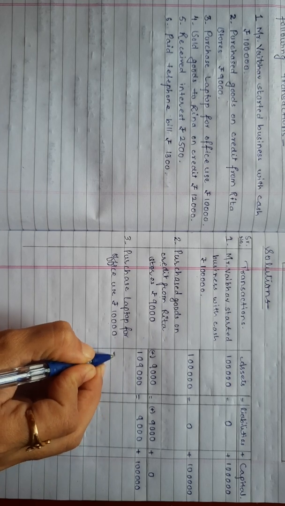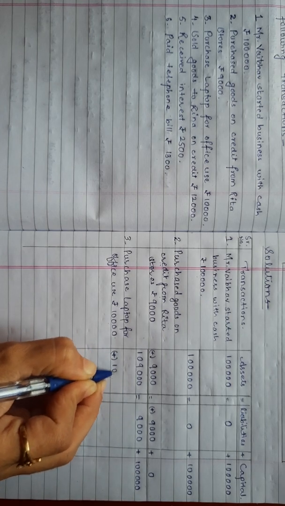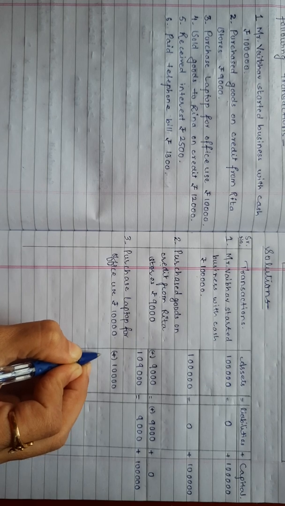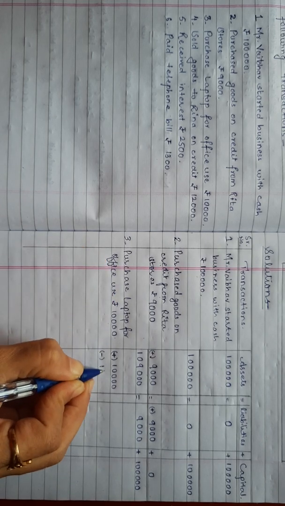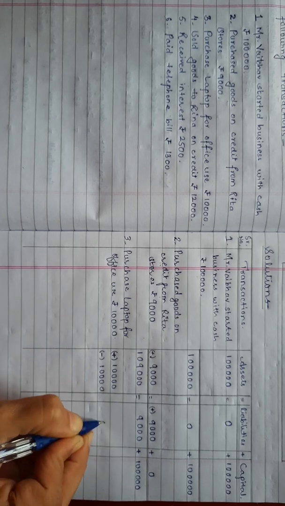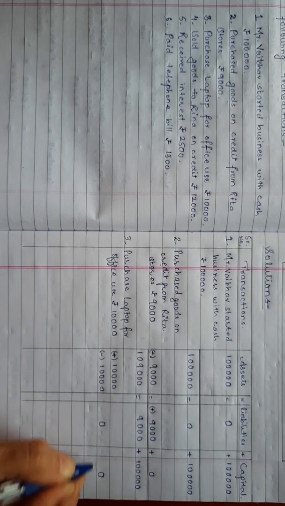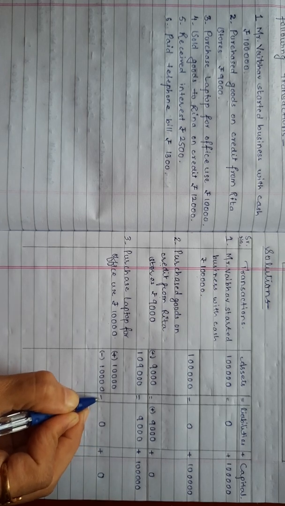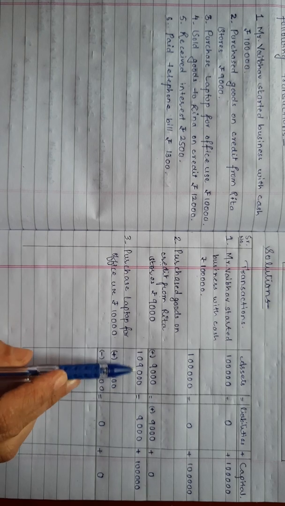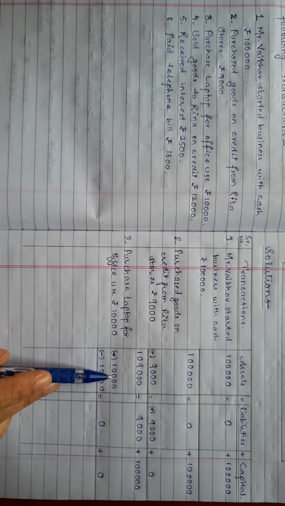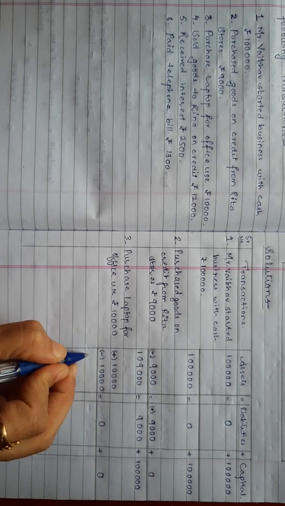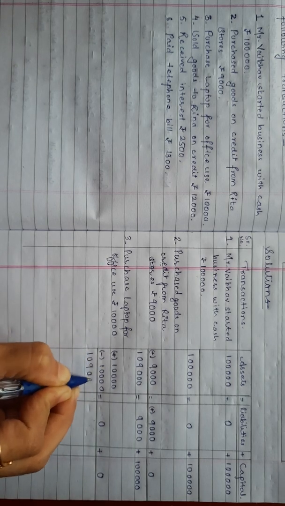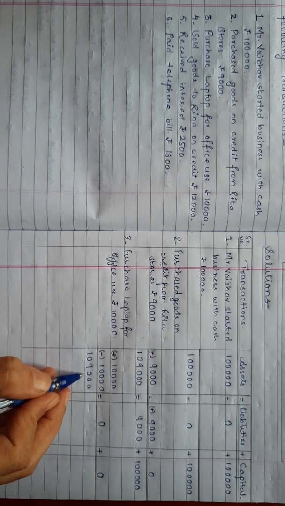Laptop is purchased, laptop comes in, add this 10,000, and while we purchase we pay, so 10,000 cash is going out, so less 10,000. Liability is 0 and capital is 0 in this transaction. Now take the total. Out of this 1,09,000, 10,000 will be added and 10,000 will be deducted, so the same amount will remain, 1,09,000.